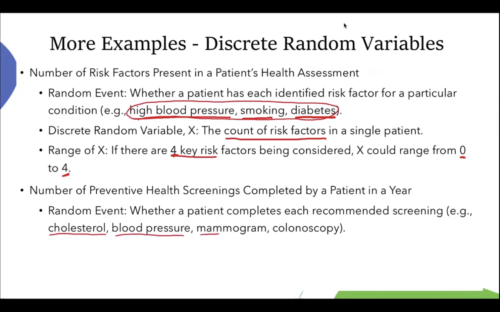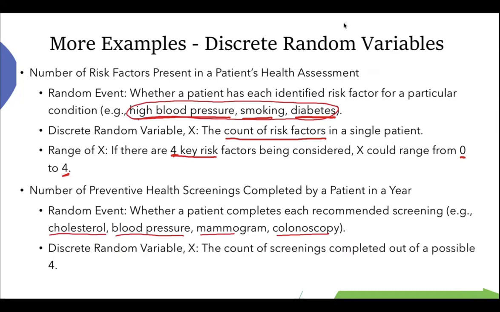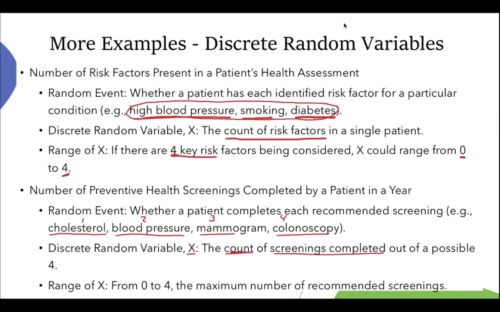So these are our preventative health screenings, and a patient may be told that they should get all of these in a year, but maybe they don't do all of them. So the discrete random variable X is a count of how many screenings they did complete out of the possible 4 that I have listed here. 1, 2, 3, 4. So they could complete none of them, or they could complete all of them. And so X ranges from 0 to 4.